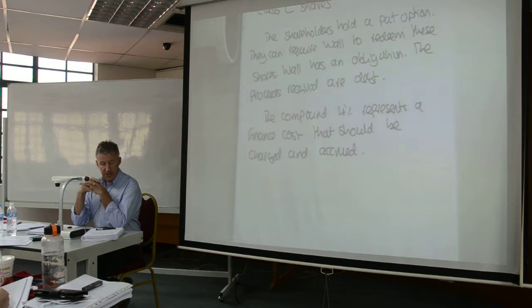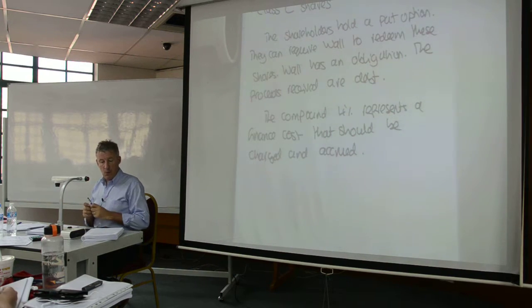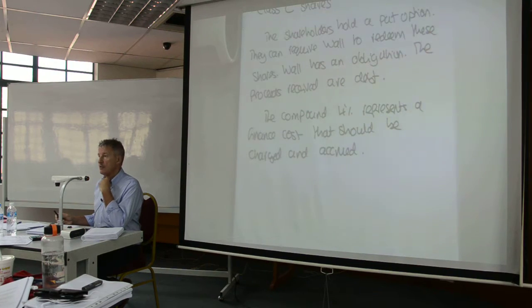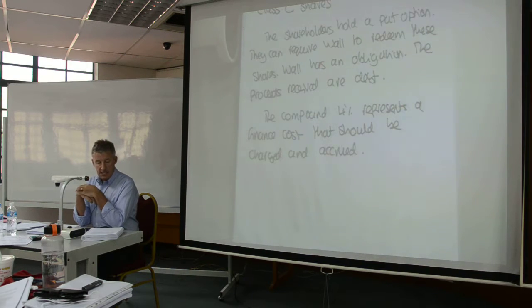Wall has issued a contract in return for receiving $1 million. Debit cash, I've got a credit somewhere. The contract gives the counterparty, the subscriber, the right to buy some Class A shares and to pay 100 million. The exact number of shares I am not certain of.